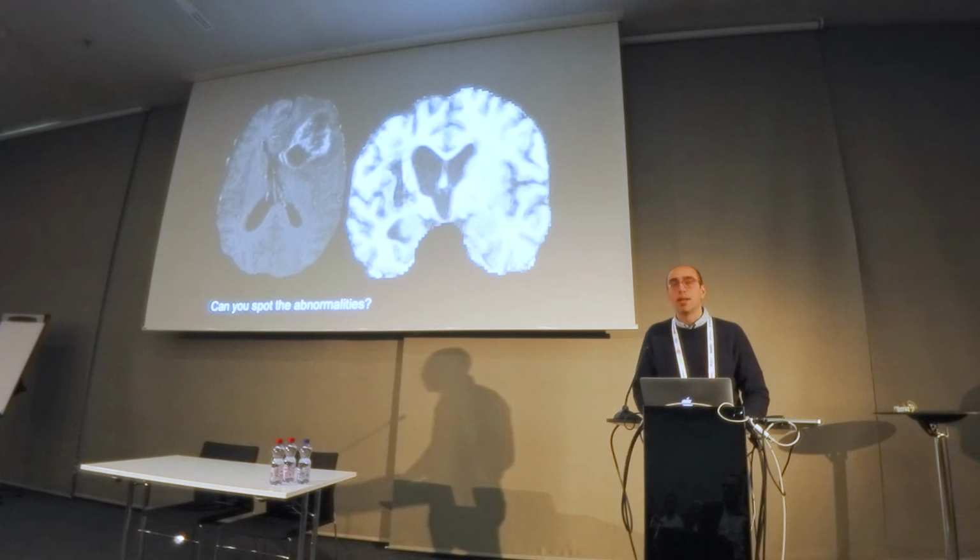Now I show you two brain MRIs where something is wrong. Can you identify the areas that shouldn't be there? I hope some of you guessed that this doesn't look really normal, that doesn't look very healthy, and this, I haven't seen in the previous one, so this probably shouldn't be there.